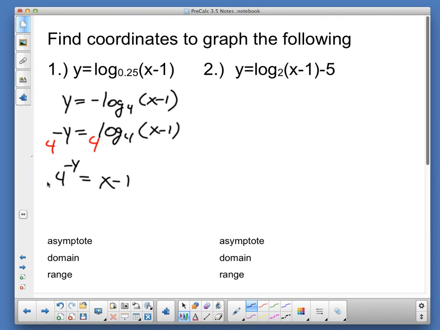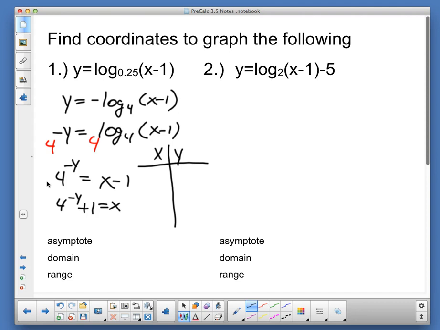If I was going to graph this by hand, I would look for values of y that work for this. What's nice about this is I come up with my y values, I evaluate, and I'll have my x values.